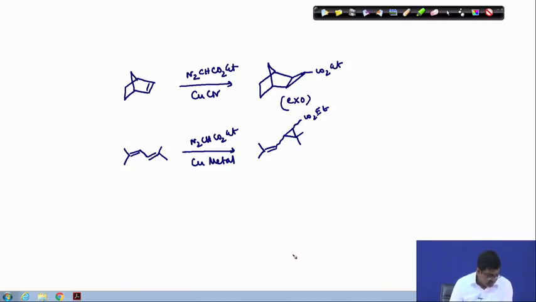Interestingly, here the diene is more nucleophilic than its monoolefin. So, when the diene is there, it can readily attack, and after formation of one cyclopropane ring the reaction stops. In this way you can control the monocyclopropanation.